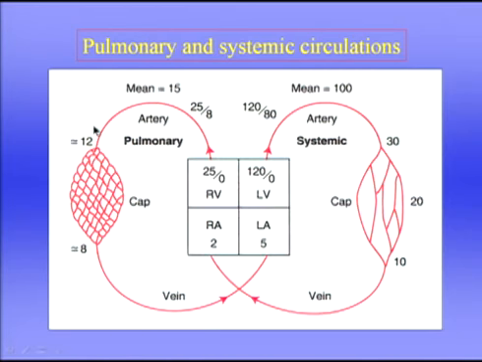Then as we go from the pulmonary artery to the capillaries, you notice that quite a bit of the pressure drop occurs, we believe, in the pulmonary capillary bed. And then the pressure in the left atrium is about 5 millimeters of mercury. On the systemic side, the situation is rather different.